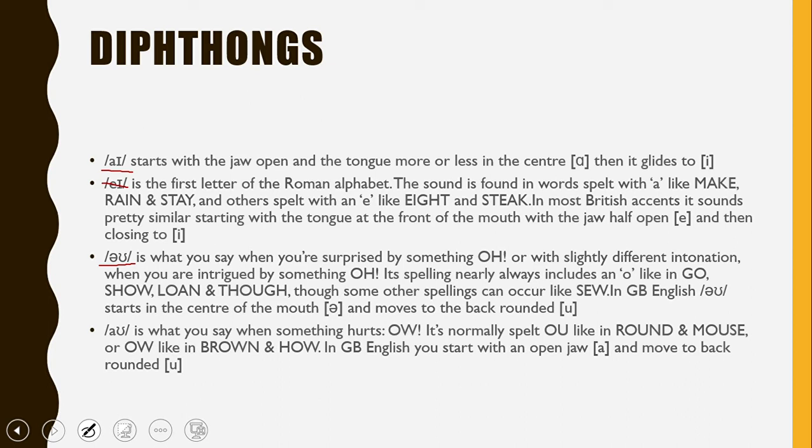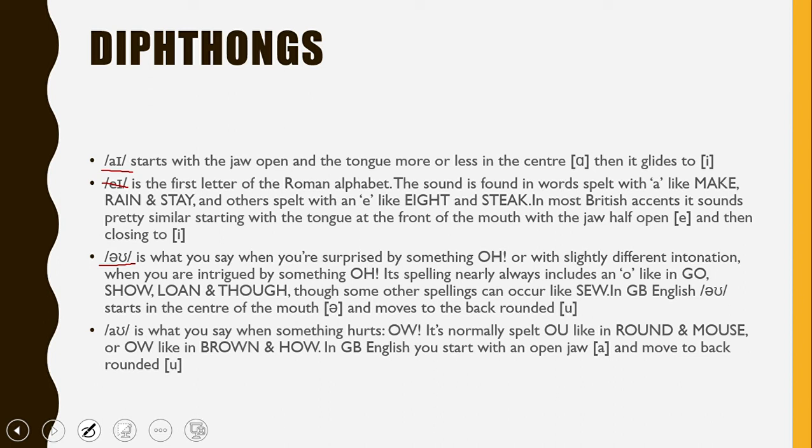For example, when you say go, show, loan, though. When you say the schwa sound, it starts in the center of your mouth, and when you say oh, your lips are slightly rounded.